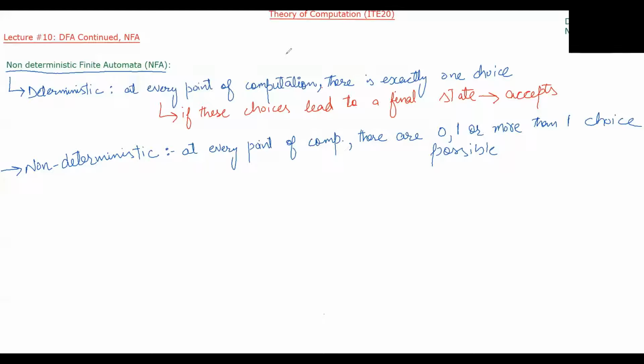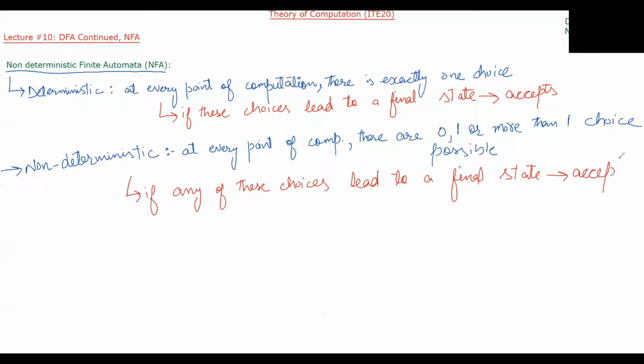And we say that a non-deterministic finite automaton accepts a string if any one of these choices leads to a final state. So if any choice leads to a final state, we say that particular automaton accepts a string.